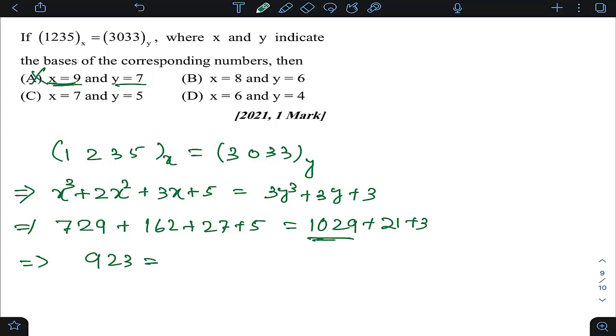So option A is definitely wrong. Then you try with option B, C, and so on, right? That way you have to solve it. So simply, students, you keep on putting these values and check them out. Okay, so that is what the approach is.